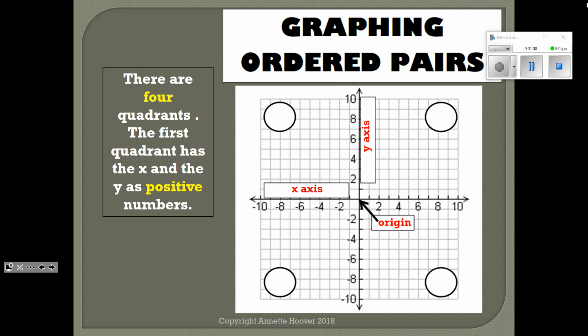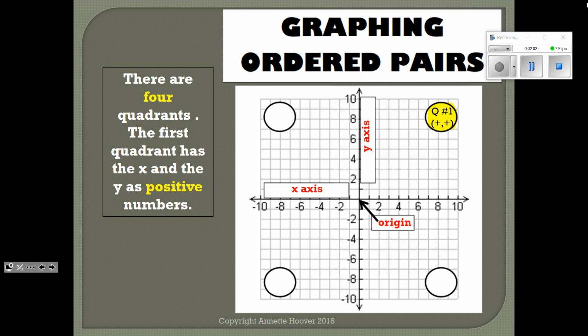Now, in a 4 quadrant grid, you have 4 quadrants, and we've actually numbered the quadrants. And in the first quadrant, quadrant 1, which is this quadrant right here, we have this one as quadrant 1 because this is the quadrant where both the x and the y ordered pairs are going to be positive.